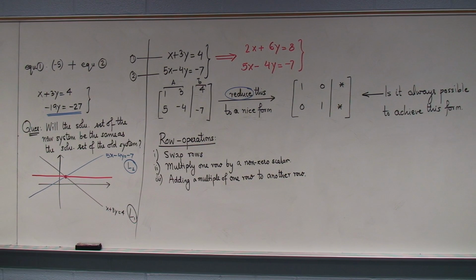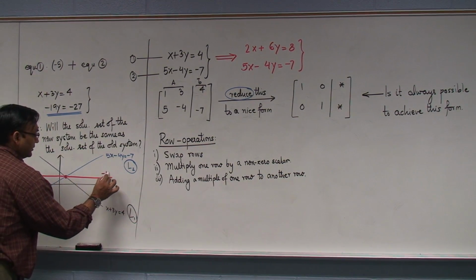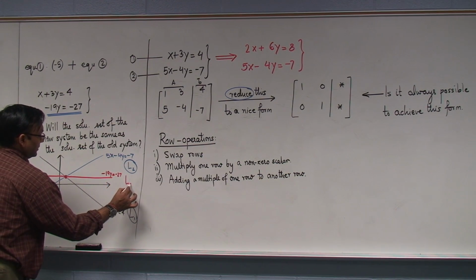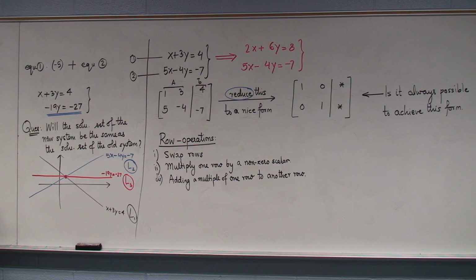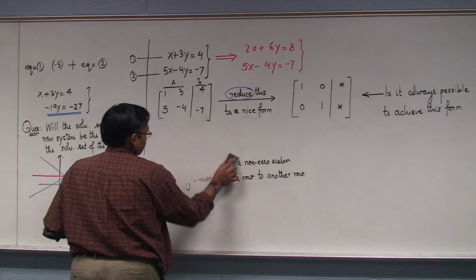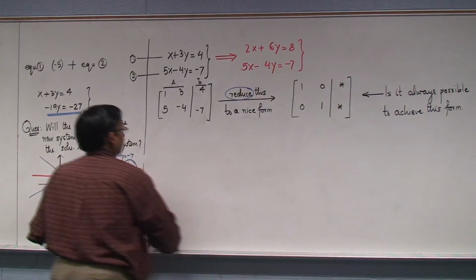This I claim is the line minus 19y is minus 27, and let me give this the name L3. Now one may say, well, how am I so sure that my line will pass through this point unless I already knew the solution? But the reason I plotted it this way is, I'll show you in a moment why this must be true. Let us try to think slightly differently.